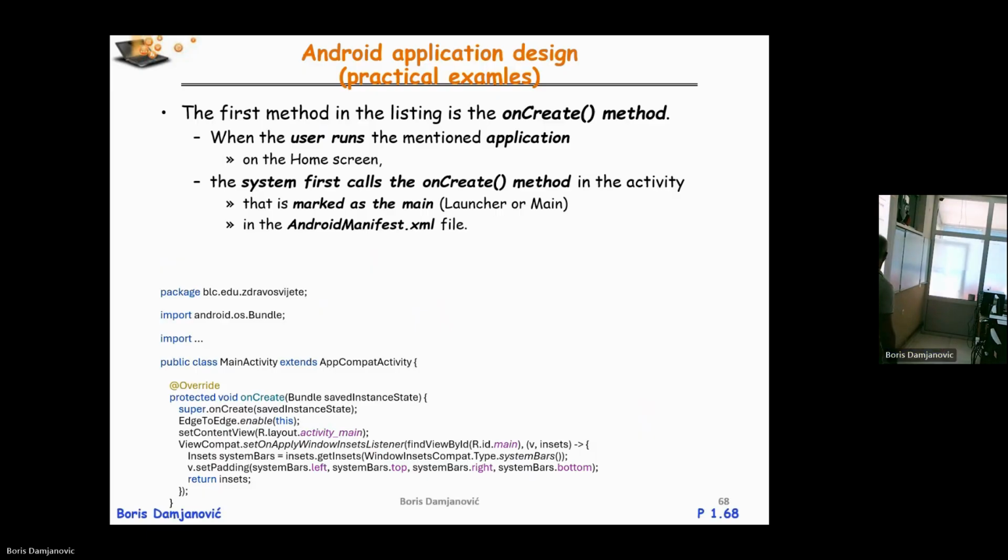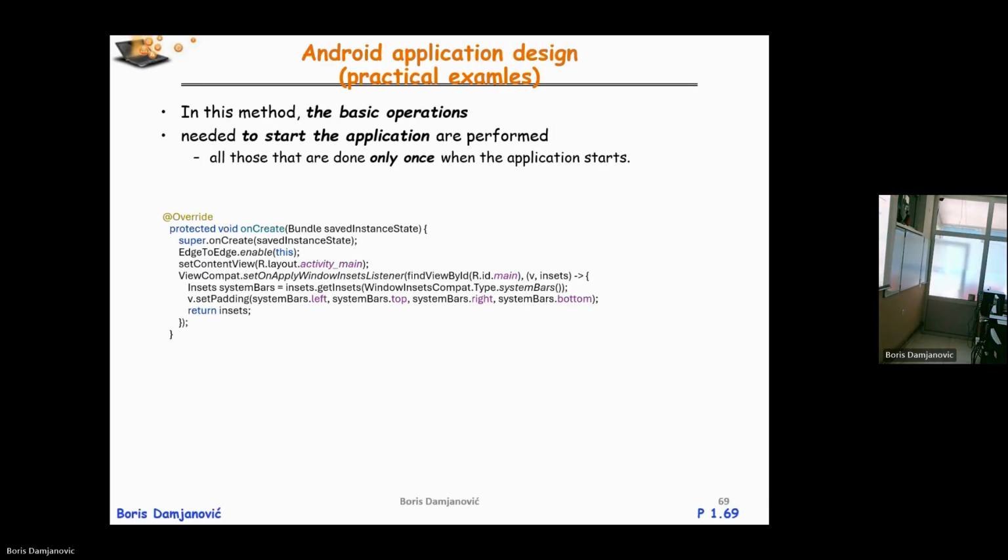It will be launched from the Android manifest XML file, because this is the main activity that will start with our application. This is the first activity, and when starting this activity, onCreate will be automatically started. And here we list basic operations that we need to use only once, when the application starts.